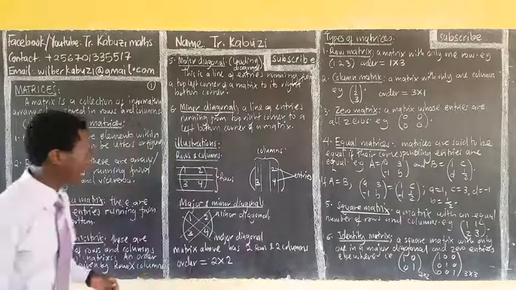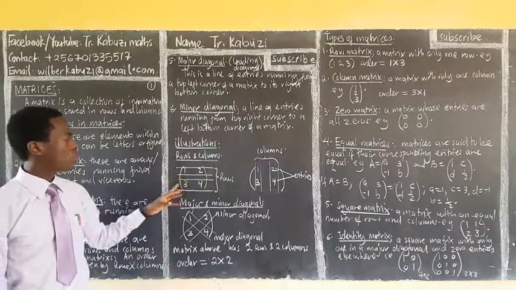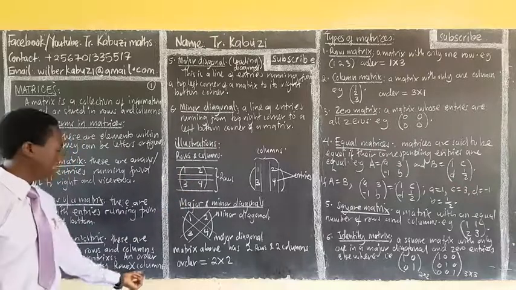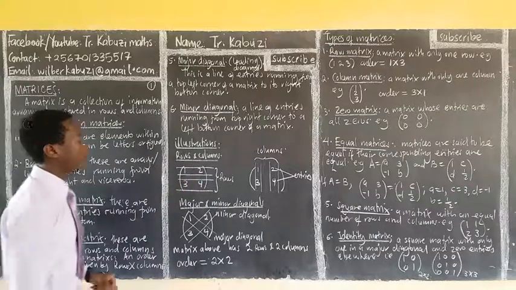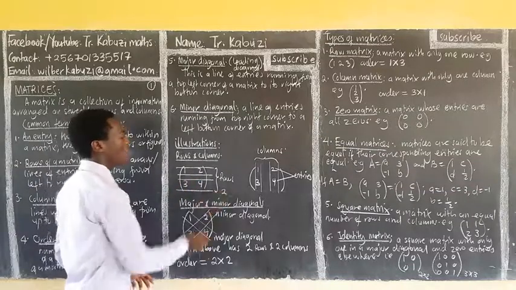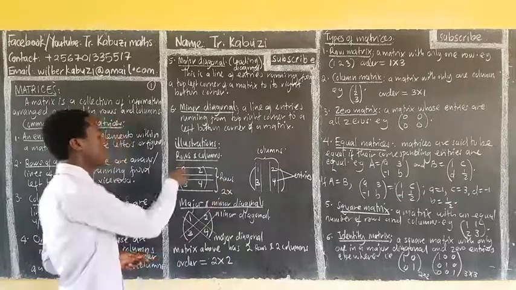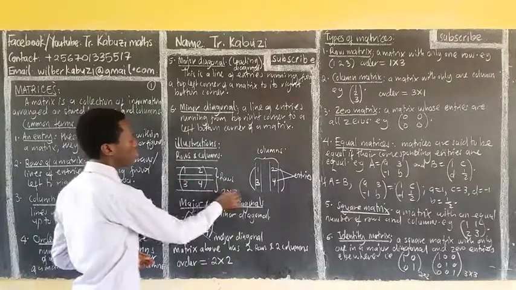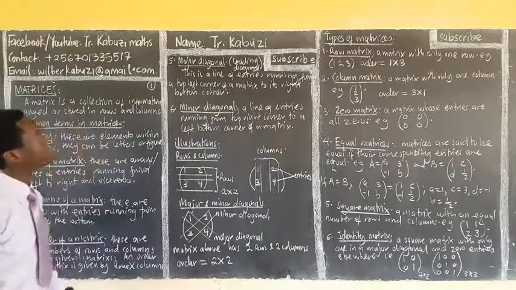So for an example, this one has two rows. We start with the rows, then by how many columns? 1, 2 columns. So that's how we get the order, like you see there.